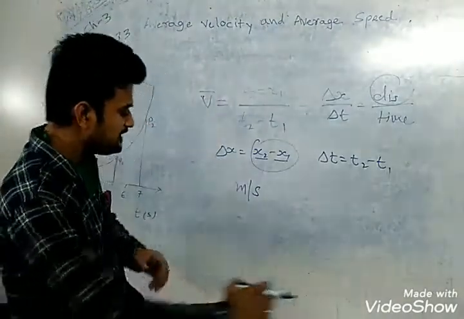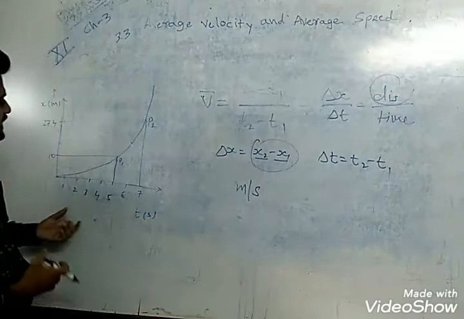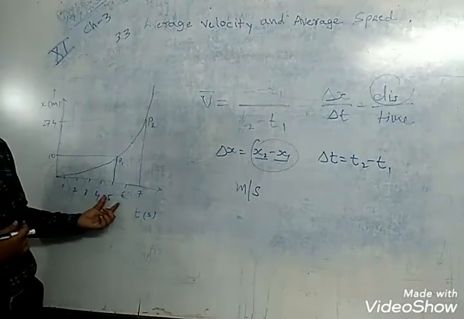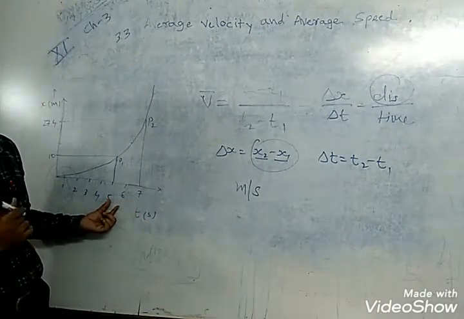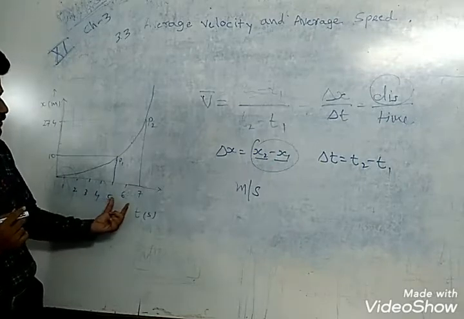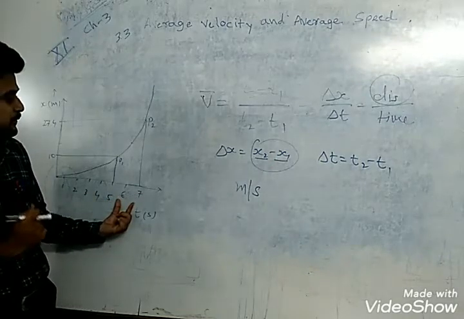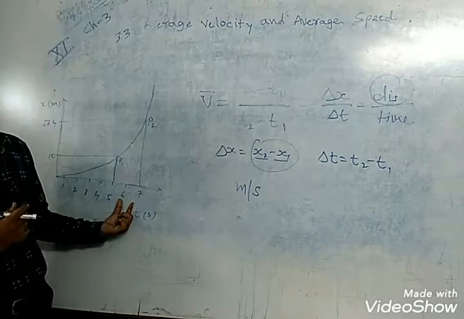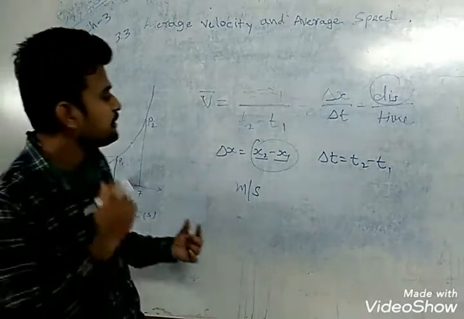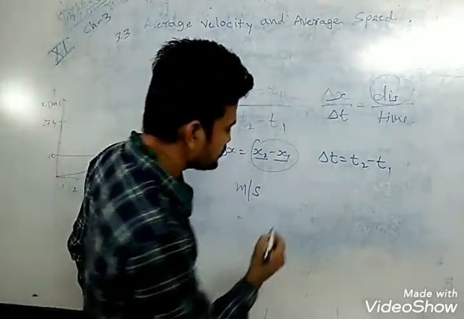Now, in the second part, we take one example of a car in motion, with a time interval between 5 and 7 seconds. Here we find the average velocity.